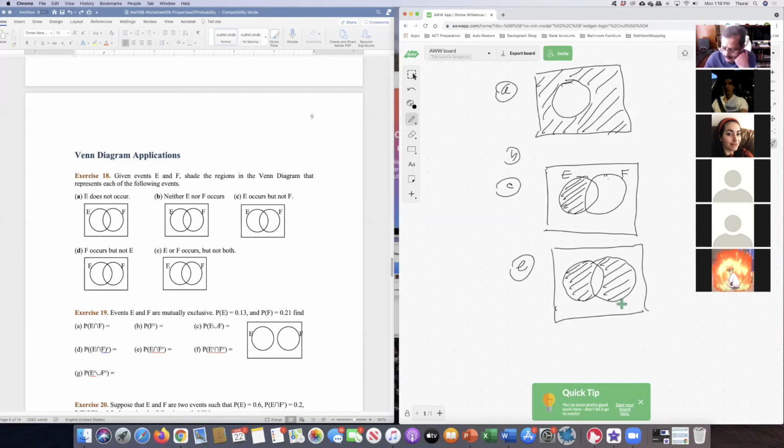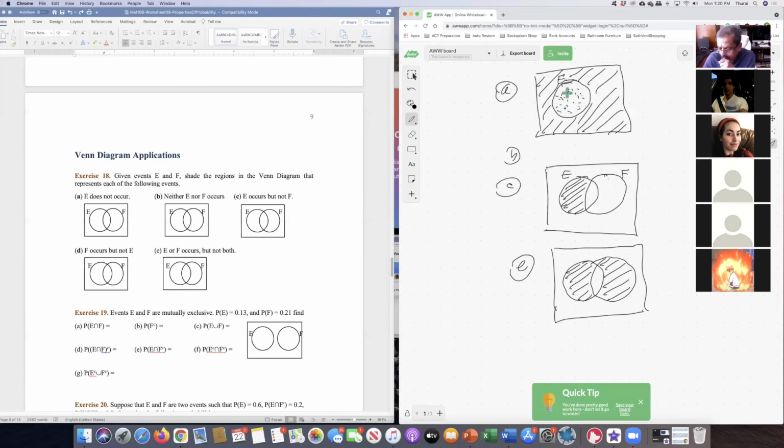So going back to this picture, whatever the experiment is, tossing a die or whatever, the outcome is only one thing. And that one outcome, if it is anywhere in E, then E occurs, right? All the points here represent E occurring.